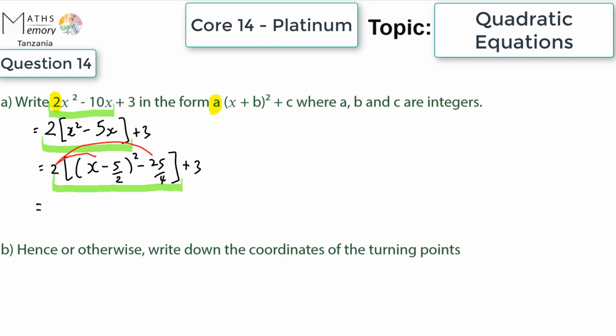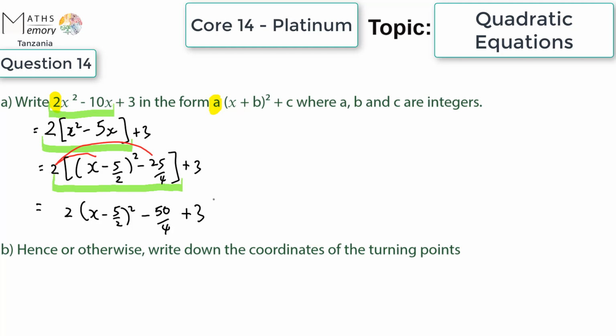So we get 2 curly brackets x minus 5 over 2 squared, okay, minus 50 over 4. The way we got 50 was obviously doing 2 over 1 times 25 over 4 to give you this number. And what we're going to do now is to add the 3 over here.